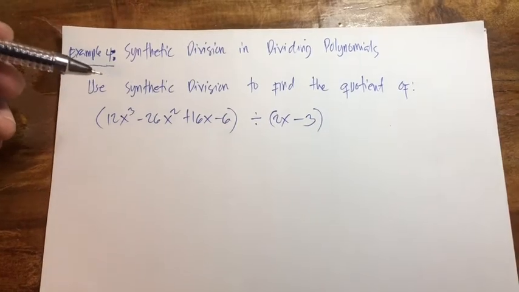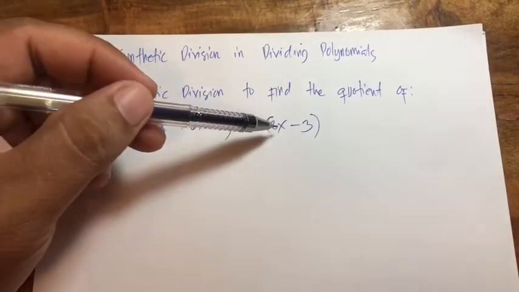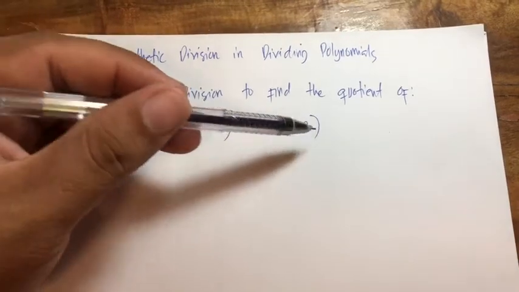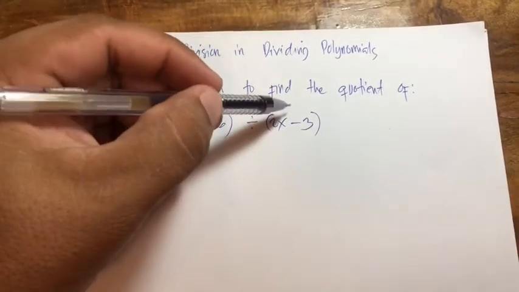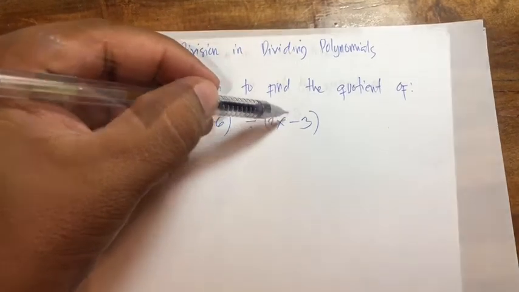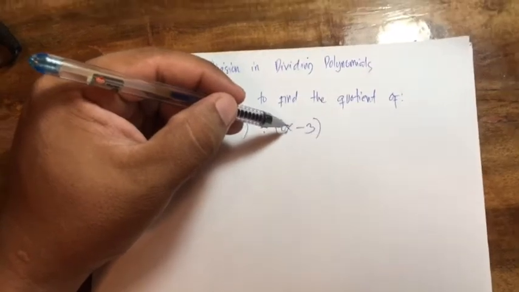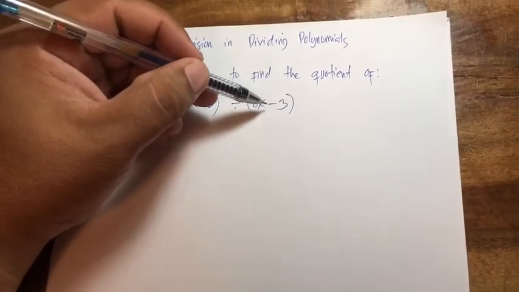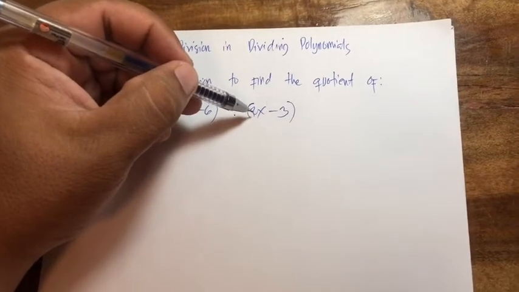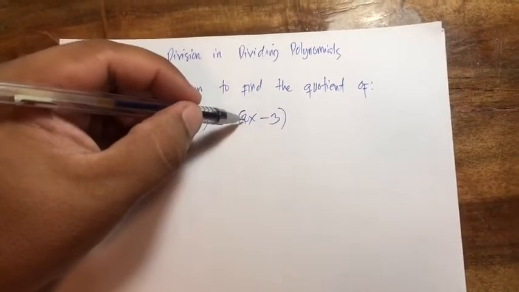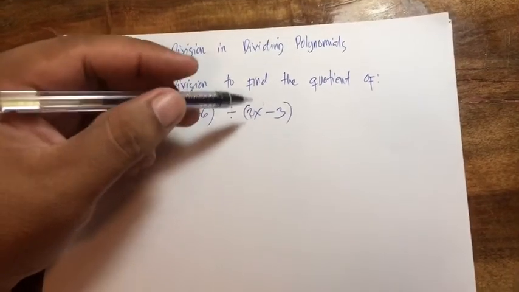However, take a look at our divisor. Our divisor, of course, is a binomial. And of course, linear, because we have here the power of 1. We are tasked to have the leading coefficient in our divisor be 1. So, since this is 2, we will make the leading coefficient 1.